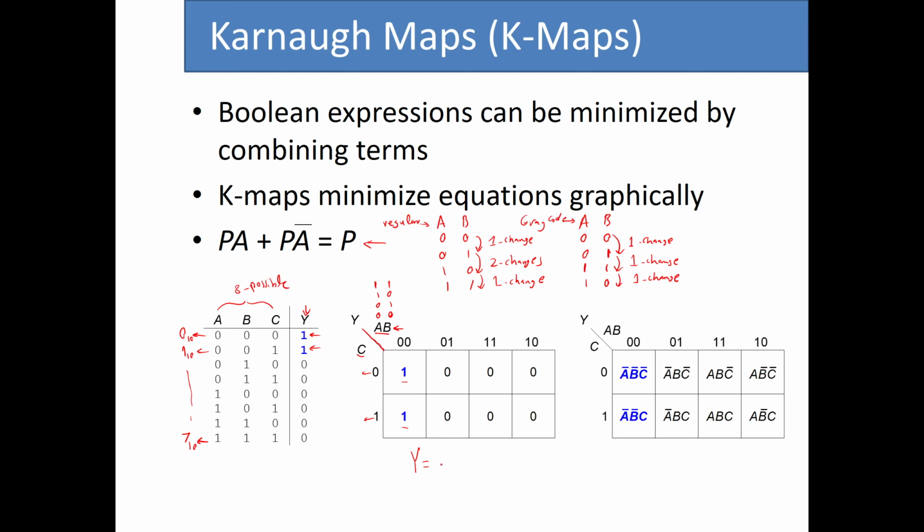So if we do that, function y is going to be a bar, b bar, c bar plus a bar, b bar, c. So now between these two terms, we see that a bar, b bar is common, so we factor that out. So what we end up with is a bar, b bar multiplied by c bar plus c, or a bar, b bar ANDed by c bar or c.